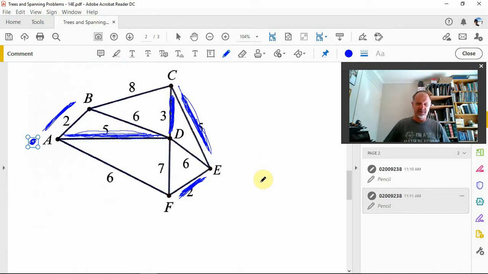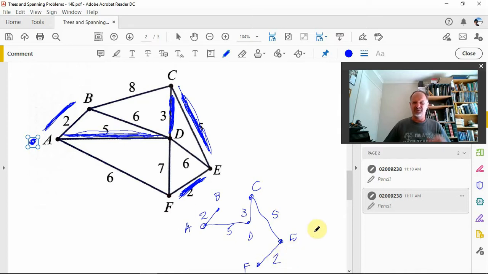So what we've ended up with is B, A, D, C, E, and then down here to F, which is 2.